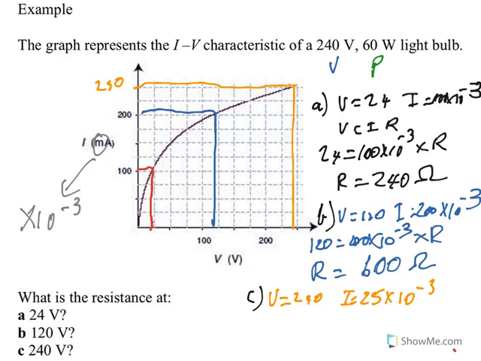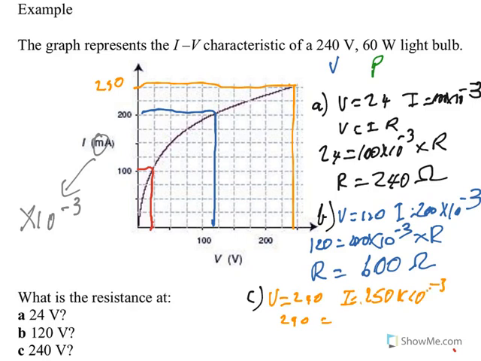Putting those numbers in to V equals IR, 240 equals 250, not 2. Let me rub that out. Glad I found that error. There we go. 250 by 10 to the minus 3.